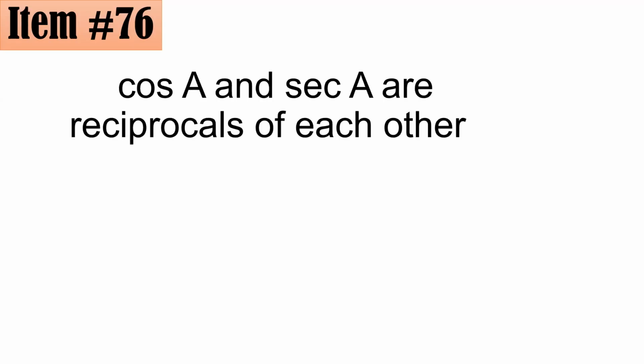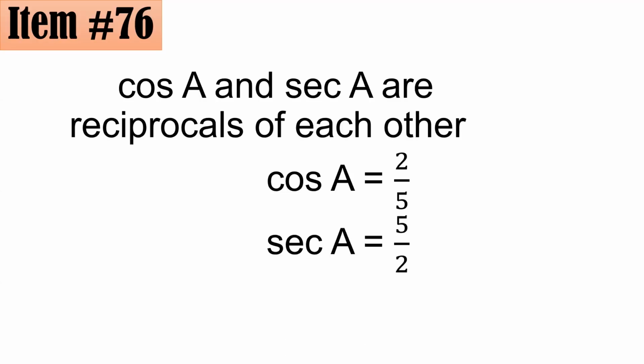Tandaan po natin that cosine A and secant A are actually reciprocals of one another. Again, with the assumption po that each of them is defined. So if cosine A is 2/5, then it follows that secant A is its reciprocal, which is 5/2. Letter A.